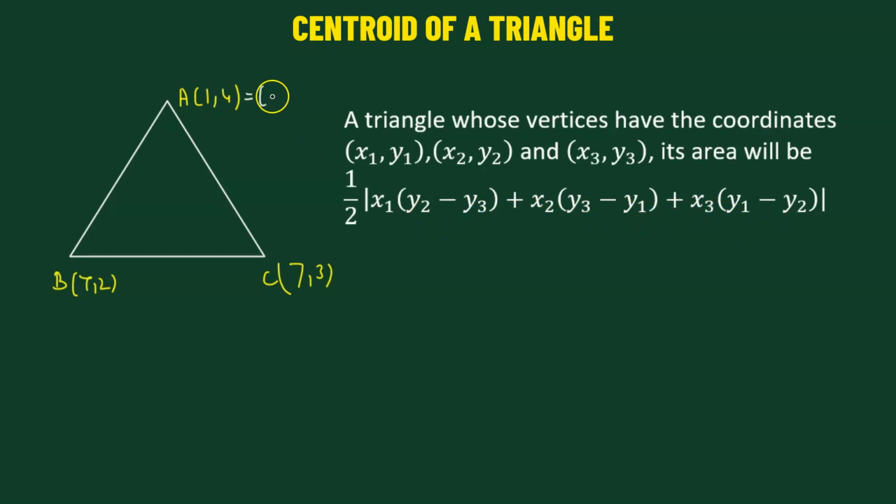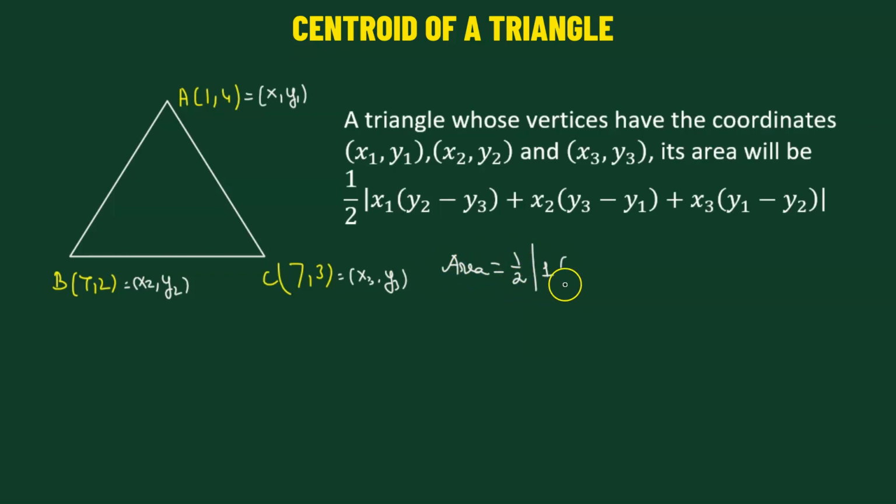So let's begin by supposing that A corresponds to x1, y1, B corresponds to x2, y2, and C corresponds to x3, y3. Such that the area comes out to be equal to half times the absolute value. What is x1 here?